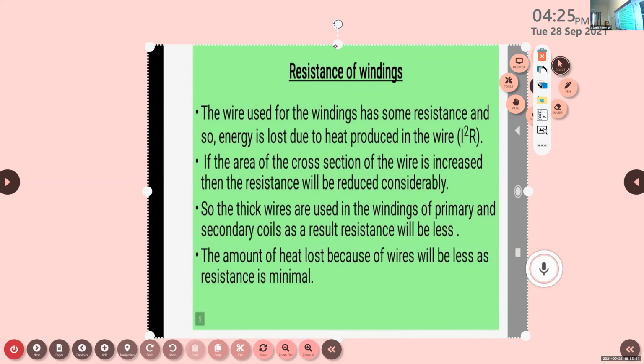So we have only one method to reduce the resistance, that is to increase the area of cross section or thickness of the wire, because area and resistance are inversely proportional. Whenever the area increases, resistance decreases. So when we use thick wires, resistance decreases, and thereby we can prevent energy loss in the form of heat.